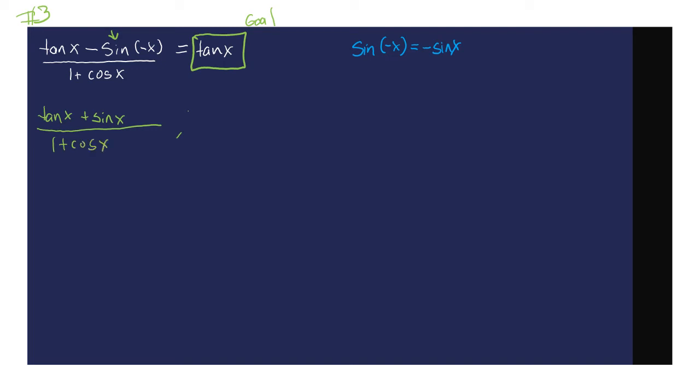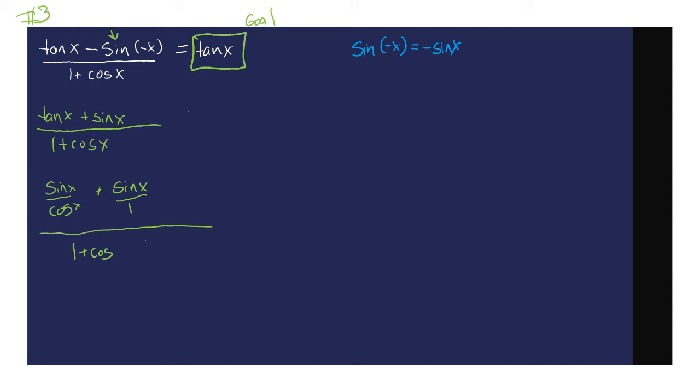All right, from here it can get a little bit tricky, but what I'm going to try and do is break it all down into sine and cosine. So tangent is sine over cosine, plus sine x over 1, all divided by 1 plus cosine, right?